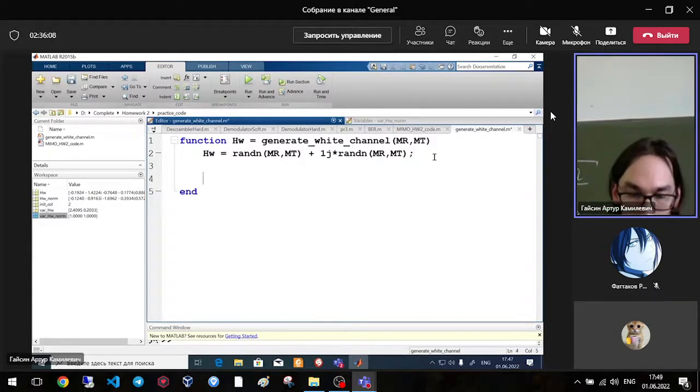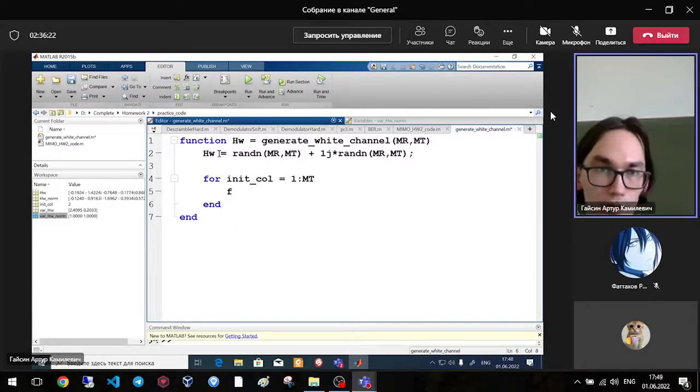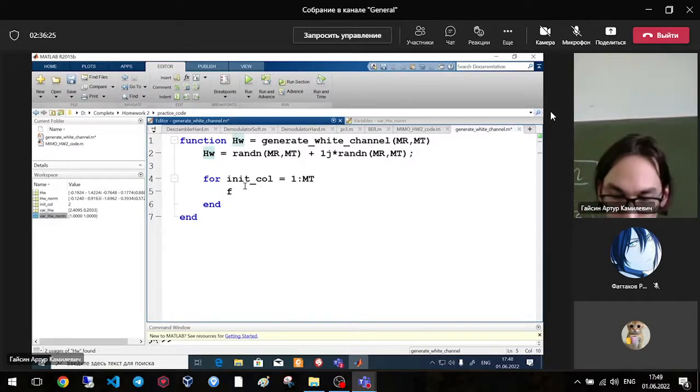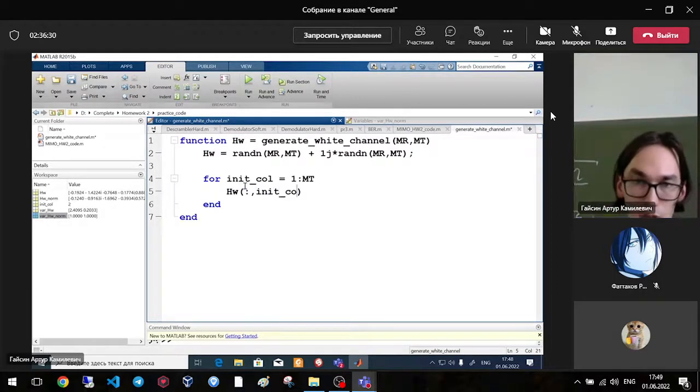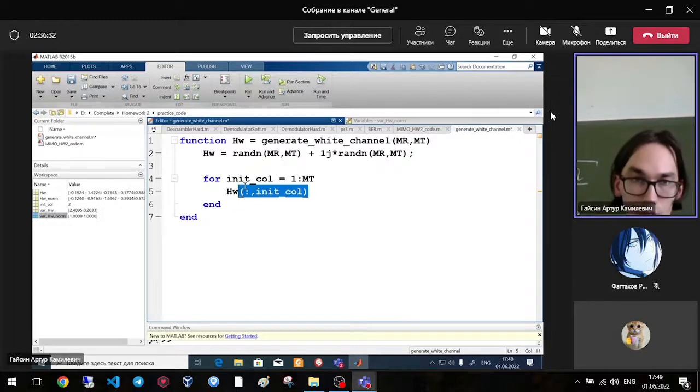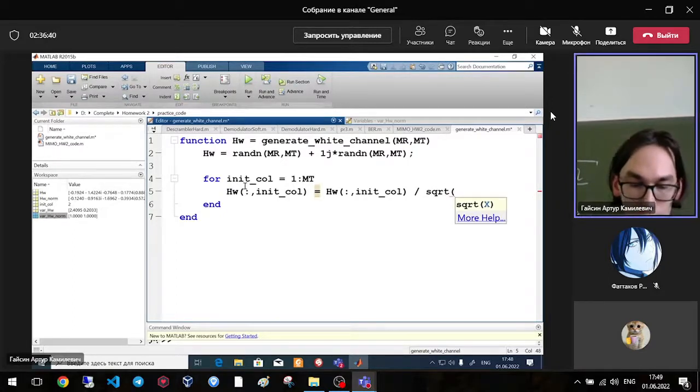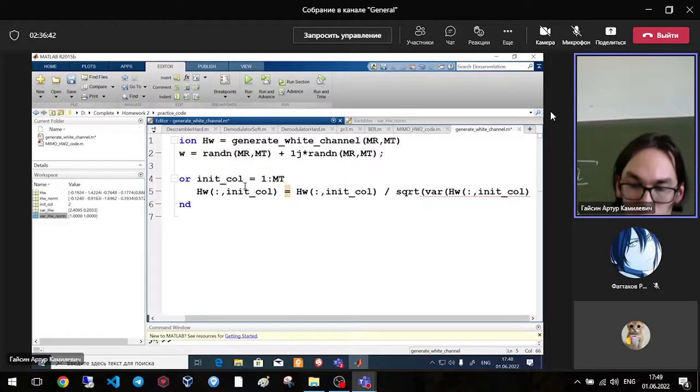We go for MR init column for empty in this case, and this HW init column, the same column, divided by the square root of the variance of this column.